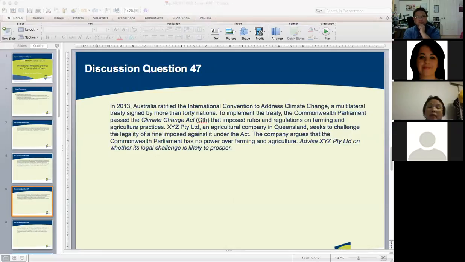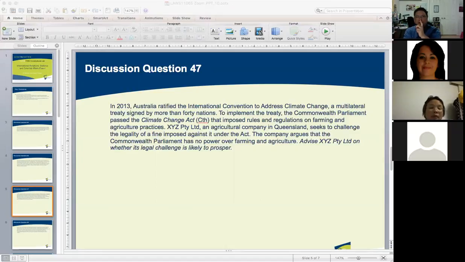But when you put it under the external affairs power of the constitution, they could still use it, as long as there is a treaty that Australia actually agreed to.